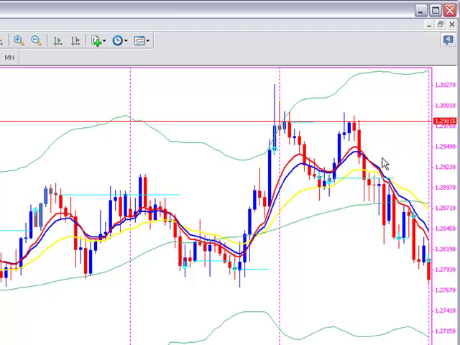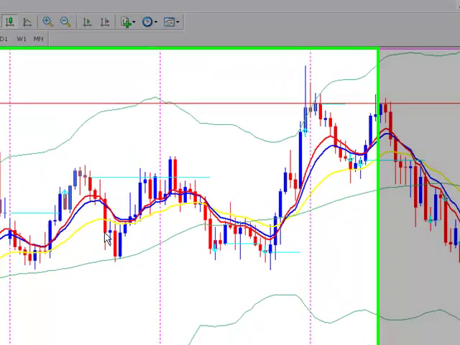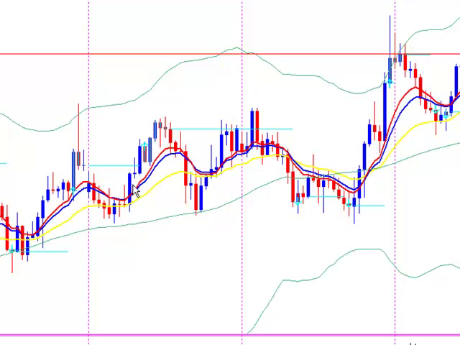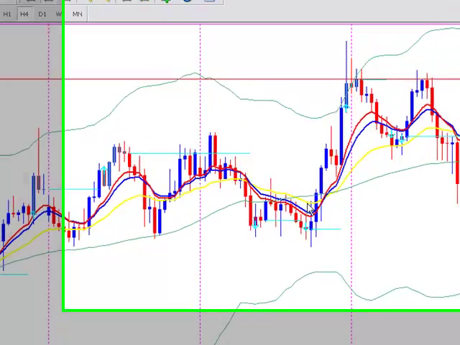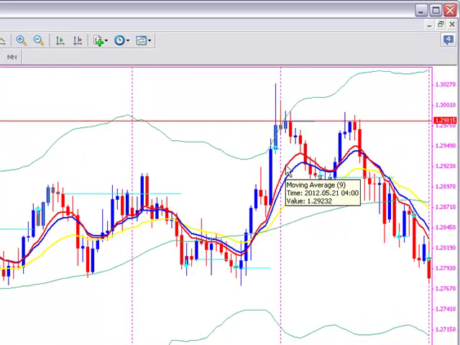Now there is something of note I also want to tell you right here, and that is how we can use our moving averages as points of taking trades, either shorting the market or using them as points of support or resistance.